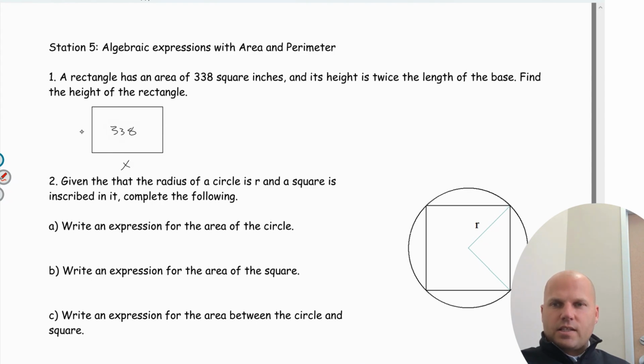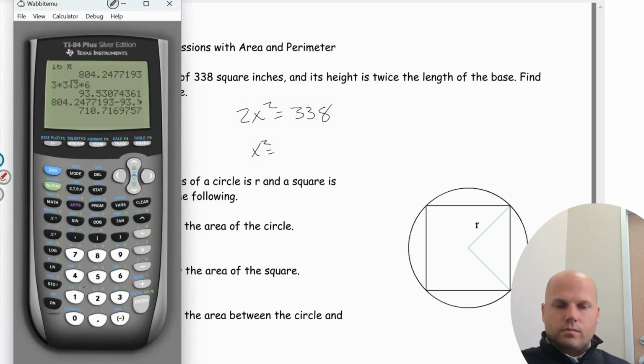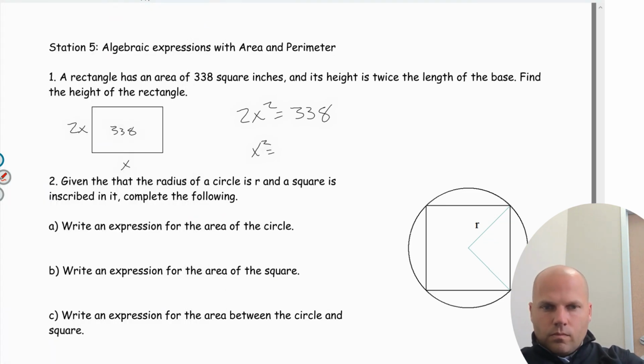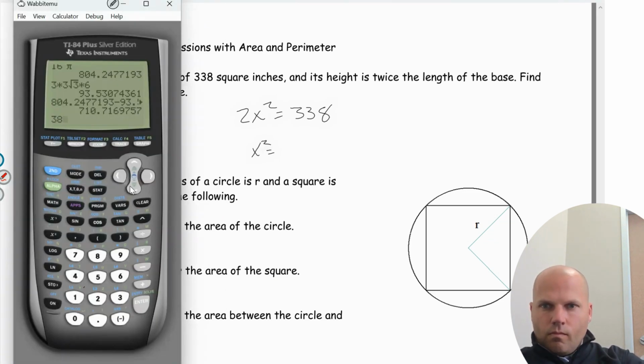So if this is x, it's 2x. 2x squared is 338. Divide by 2, square root. 13.